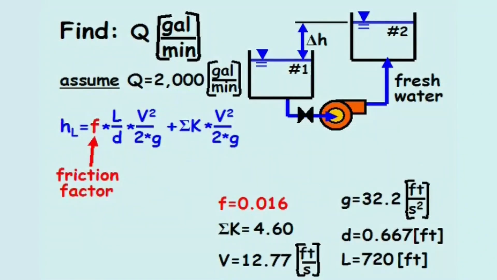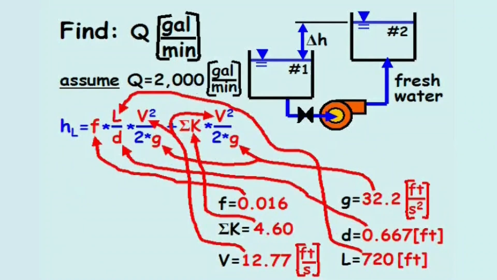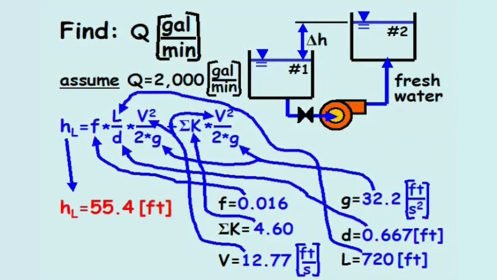With the friction factor solved, all variables on the right-hand side of the equation are known and plugged in, and the head loss between reservoirs 1 and 2 at a flow rate of 2,000 gallons per minute equals 55.4 feet.